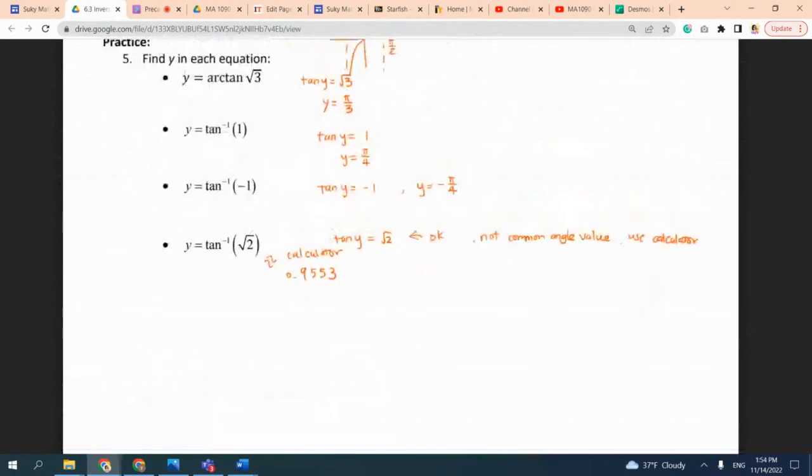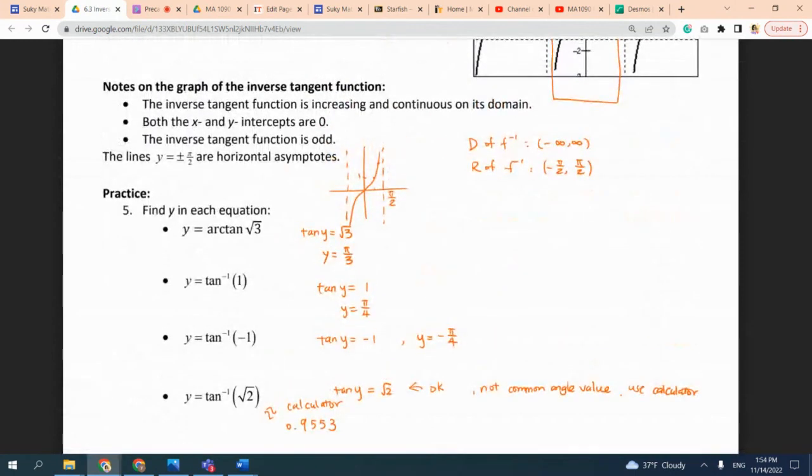What else? Oh, special angles. So how do you find y without a calculator? This means tangent y is square root of 3. Therefore, your y is pi over 3. Okay, no decimals, no calculator. So you apply tangent on both sides, and you figure out the common angle. How about tangent of 1?